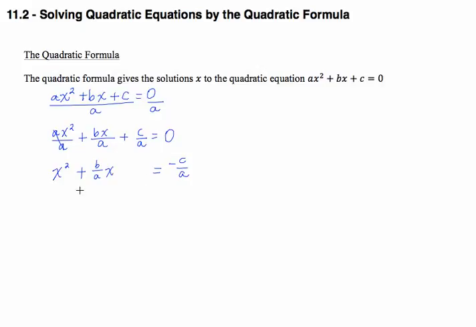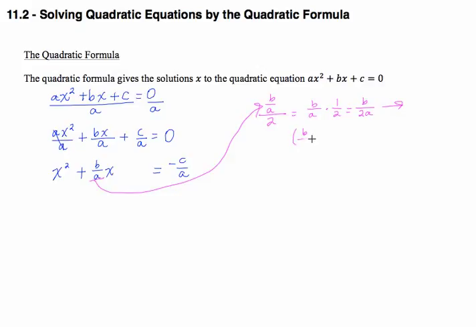And now let's do what we did before and go off to the side and figure out what we need to add to both sides. So you take that coefficient of x, which is b over a in this case, and you divide it by 2. That's the equivalent of multiplying by half when we multiply by the reciprocal, so we get b over 2a. And then you square that.